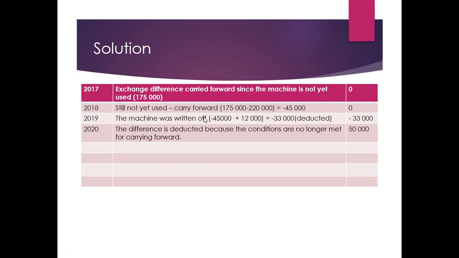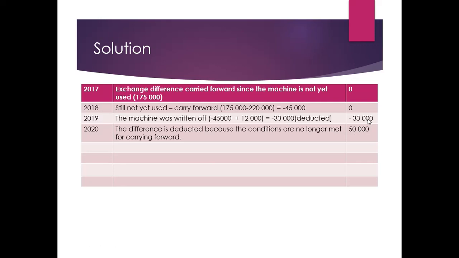The moment those exceptions apply, the roll forward or carry forward provision no longer applies. So now you get all the amounts that you carried forward. If you say 175 minus 220 gives you 45,000, then 45,000 minus 12,000 gives you 33,000. That 33,000 will be an allowance in the 2019 year of assessment.